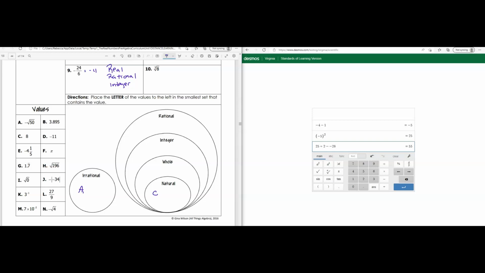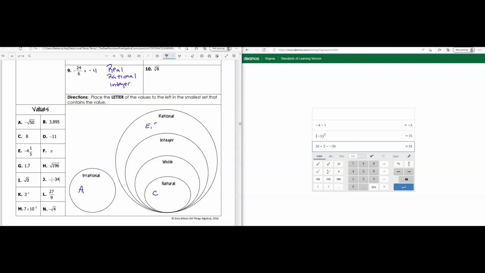For E, we've been given negative 4 1/5. Anytime I have a fraction, it is just going to be a rational number. So E goes here. G, we've been given 1.7 with a repeating 7. Because that 7 repeats, it can be represented as a fraction.